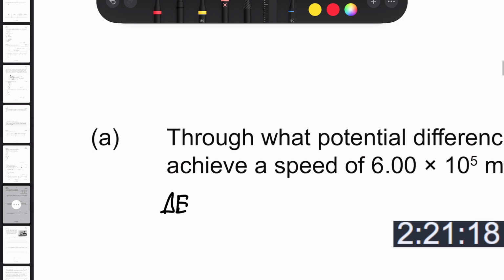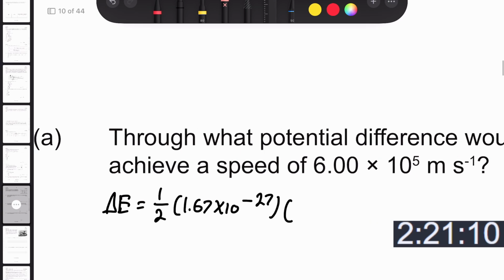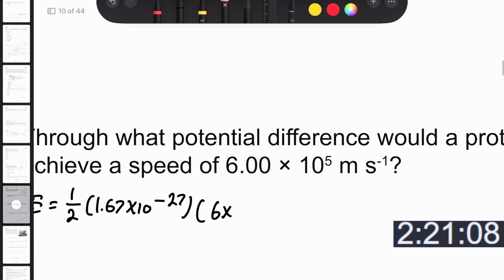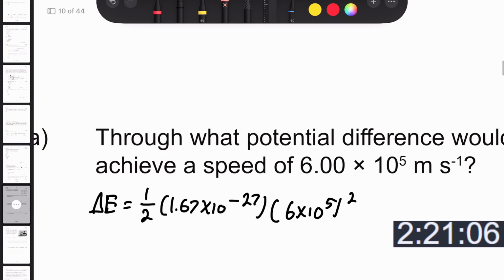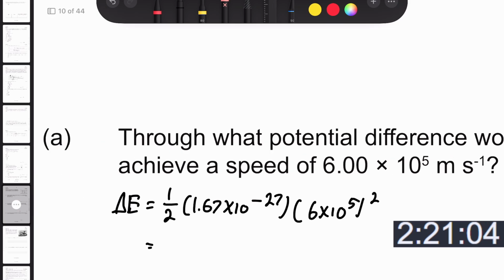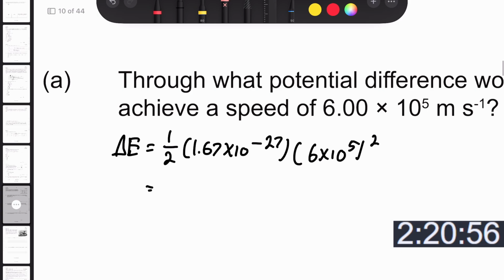So delta E is equal to half of 1.67 times 10 to the negative 27 times v squared, so 6 times 10 to the power 5 squared. So I need 3.006 times 10 to the negative 16 joules.